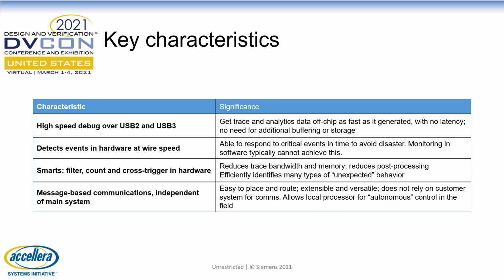And the communication between the embedded analytics IP, as we've seen earlier, running over the message fabric, is done independent of the main interconnect and allows for complete separation of the actual functional traffic in the system and the debug and analytics traffic.